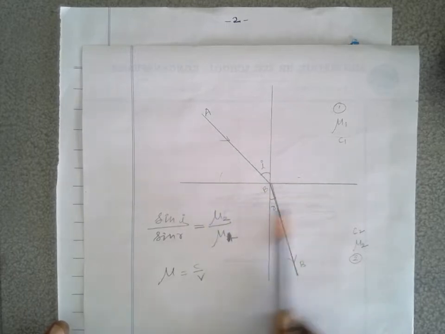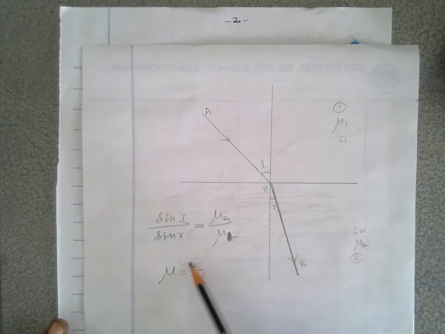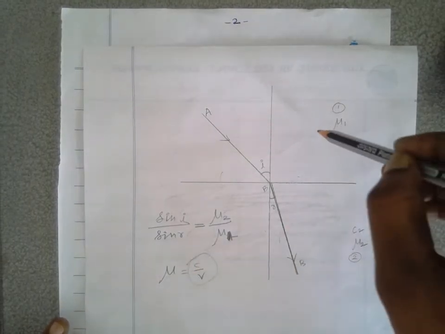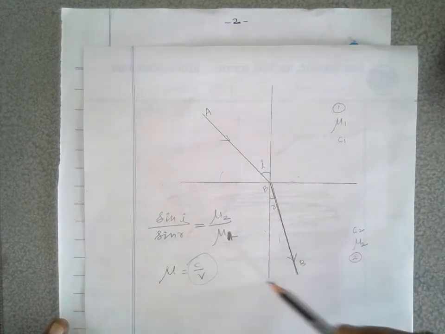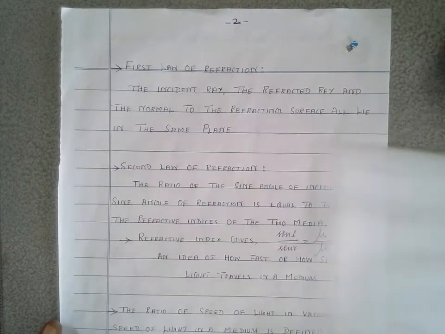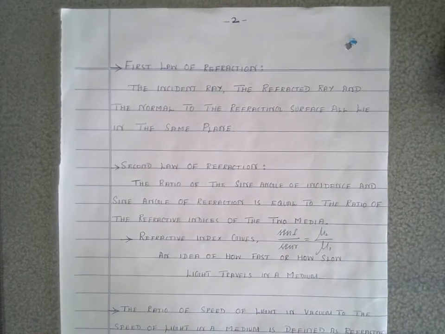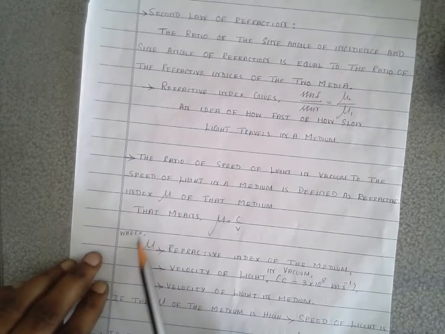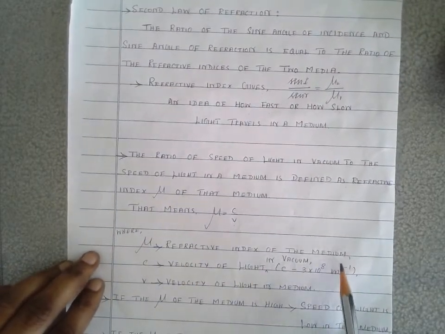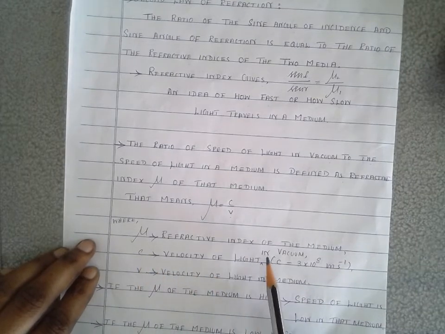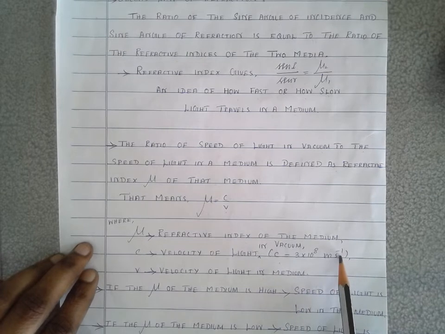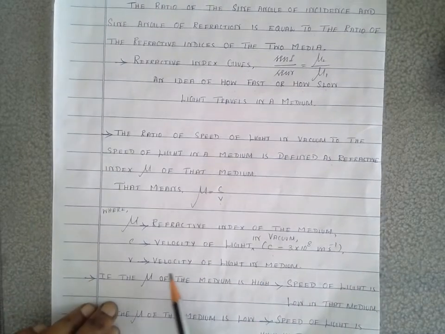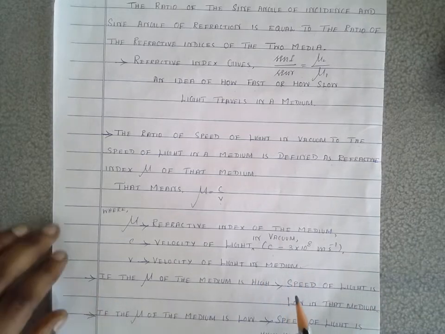Now the refractive index of this medium is defined as the ratio between the velocity of light in the first medium, that is c, and the velocity in the material medium, v. That is mu equals c by v, where mu is the refractive index of the medium, c is the velocity of light in vacuum, a constant, c equals 3 into 10 power 8 meter second power minus 1, and v is the velocity of light in that material medium.